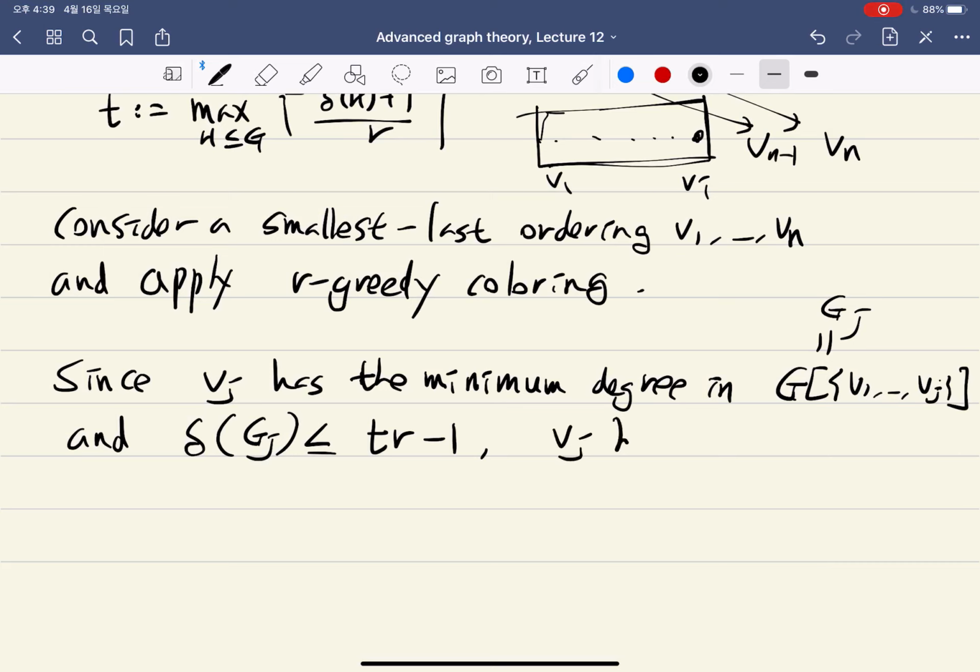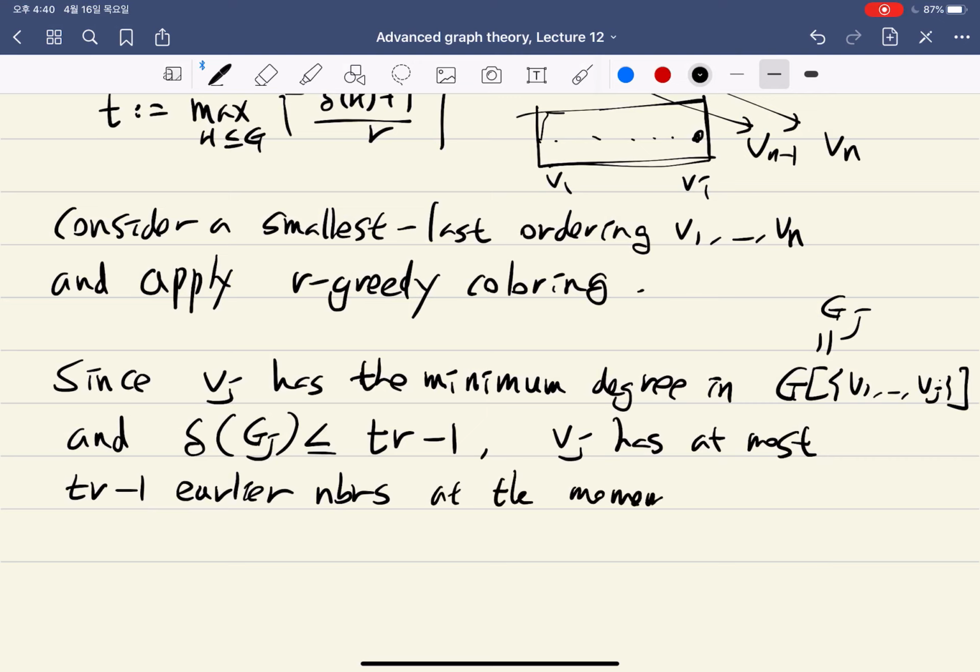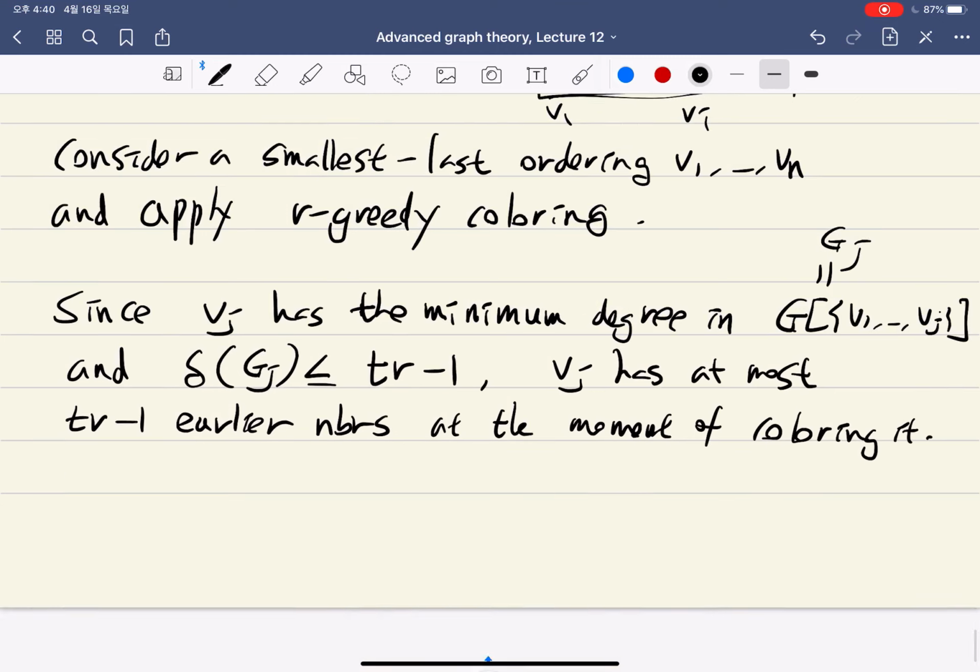So vj has at most tr minus 1 earlier neighbors at the moment of coloring this vertex.